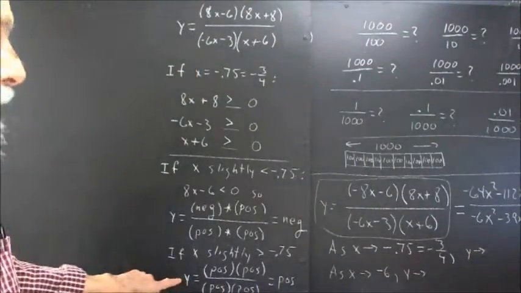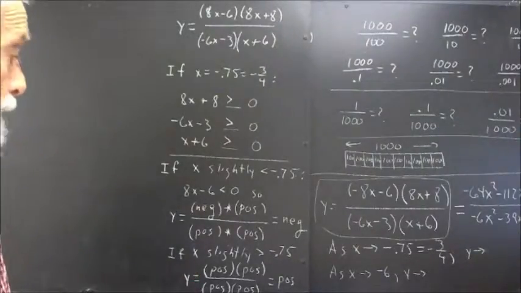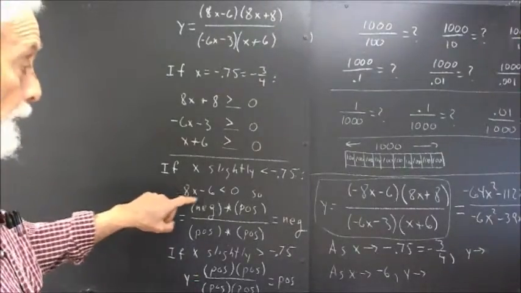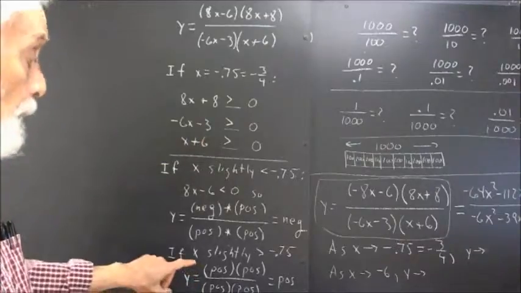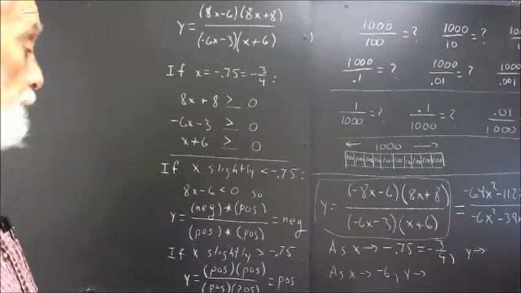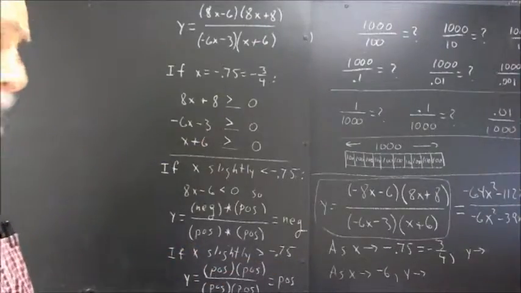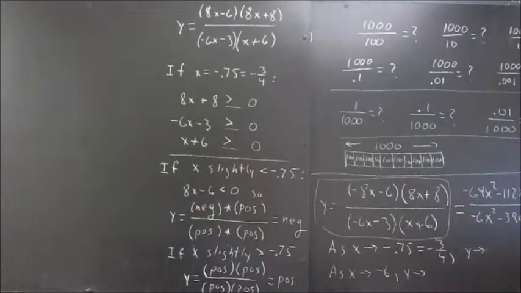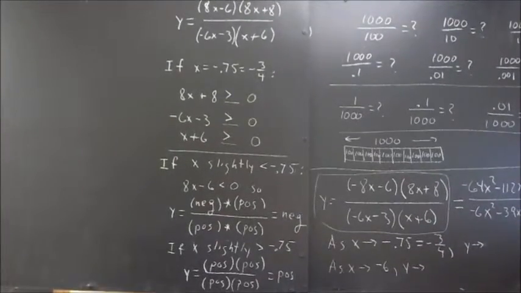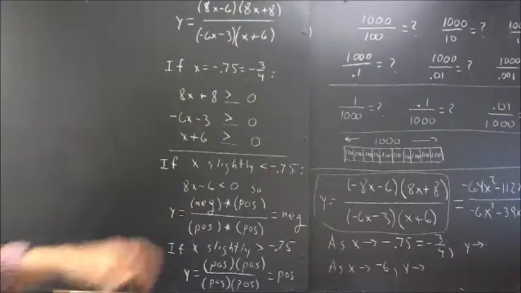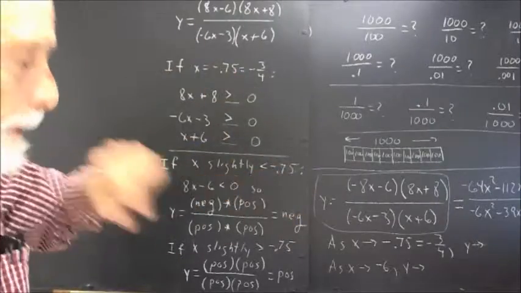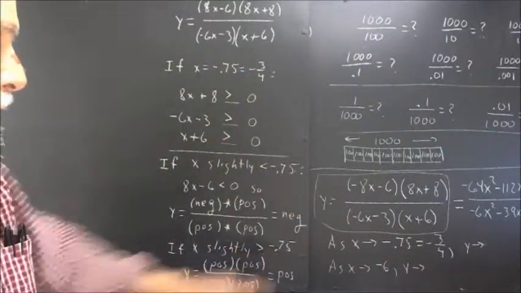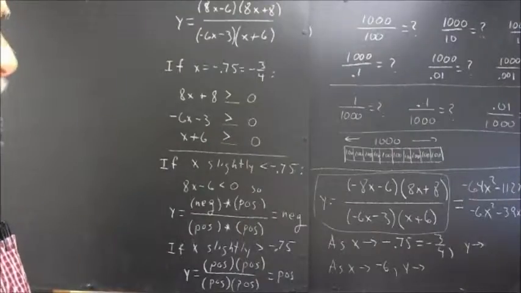So the value of y is going to be positive. Now, I didn't write out the detail that 8x minus 6 will be greater than 0 as long as x is greater than negative 0.75. You should fill that in. You should verify that for yourself. But now we have more information about the graph of this function, at least in the vicinity of x equals negative 0.75.